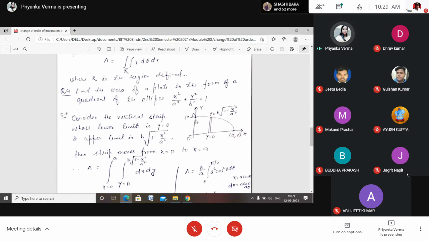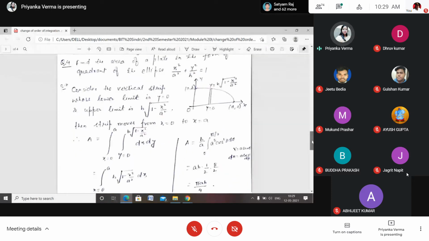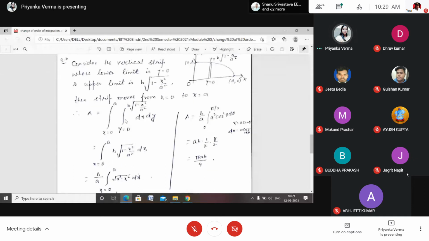That means x equal to 0 to x equal to a. Therefore, the area of this region, see the formula, double integral of dx dy, with y from 0 to b square root of 1 minus x squared by a squared, and x moving from 0 to a.